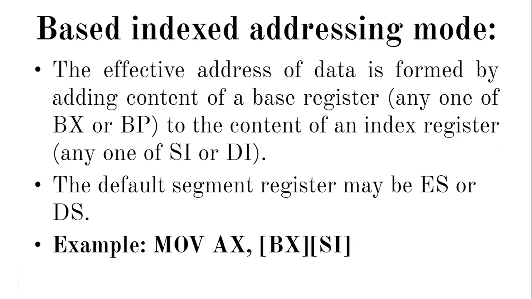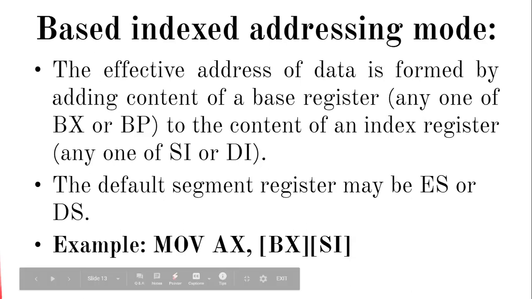So the content of BX, that is the base register, and the content of SI, that is the source index register, are added, and whatever is obtained at that particular location, the operand will be present, and that operand will then be copied to the register AX.